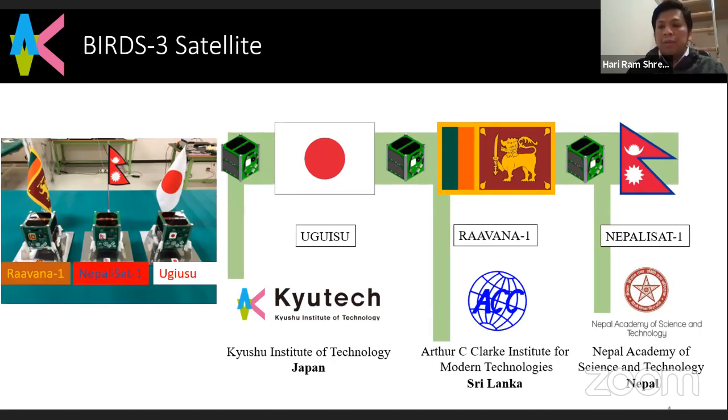From Nepal, the Nepal Academy of Science and Technology is the organization that is the stakeholder and takes the whole responsibility from Nepal, providing funding, manpower, and many other things, supporting KyuTech. Similarly for Raavana-1, the Arthur C. Clarke Institute for Modern Technologies, and for UGC, KyuTech.